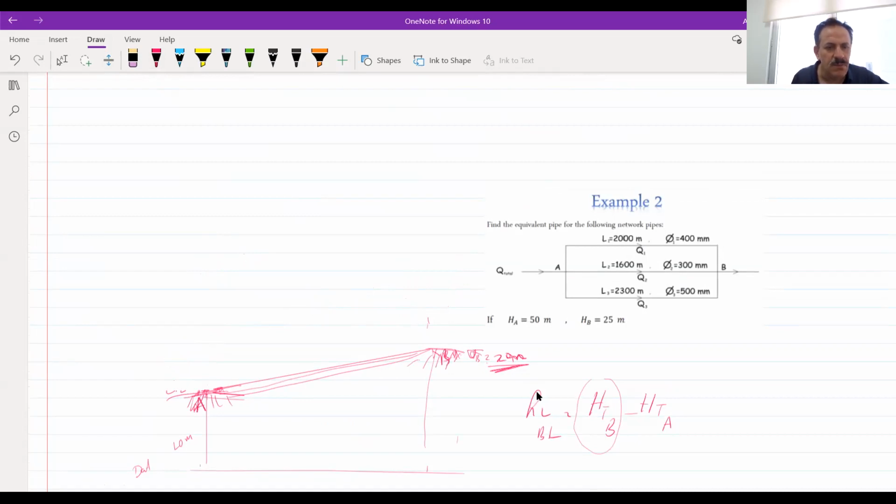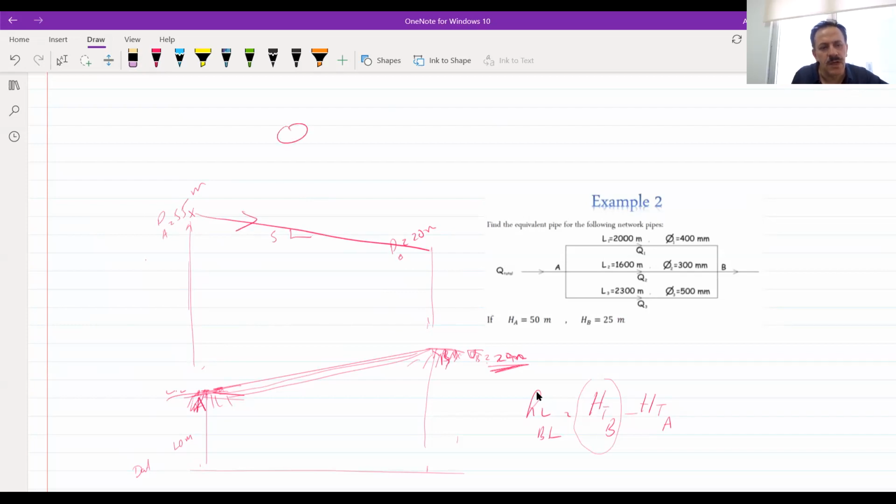This is B, but the pressure at A is 55 meters, while the pressure at B is how much? 20 meters. So the water is going from high pressure to low pressure. This will be the S and the flow.